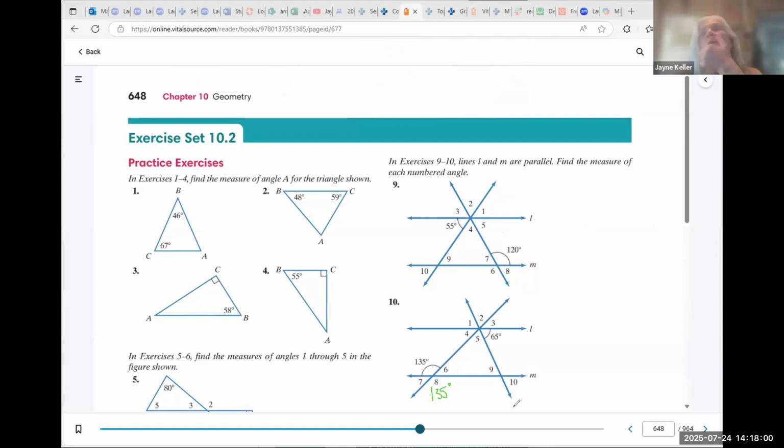Not necessarily, 10 would be the same as 7. Angle 7 is the same as 6, and 7 and 6 are the same as 3 and 4 because they're with this transversal. So what are 7 and 6? Would 6 be 45?